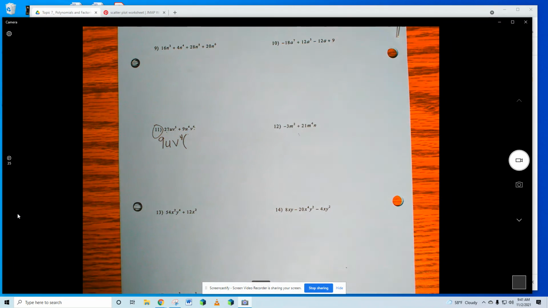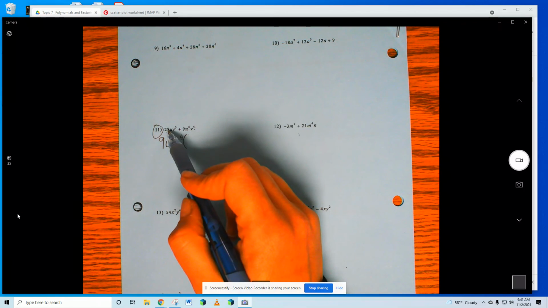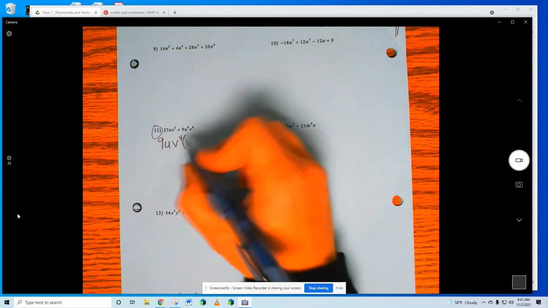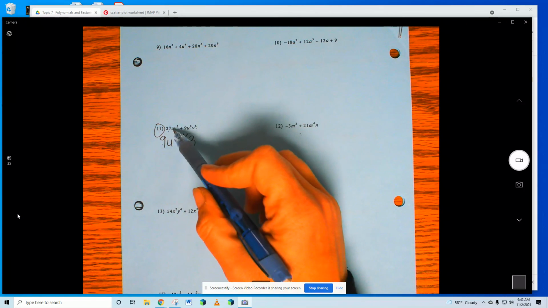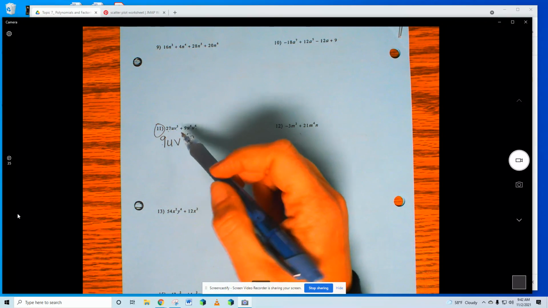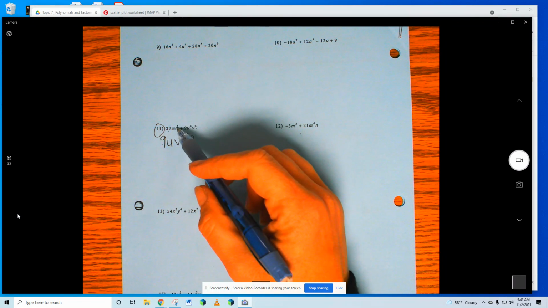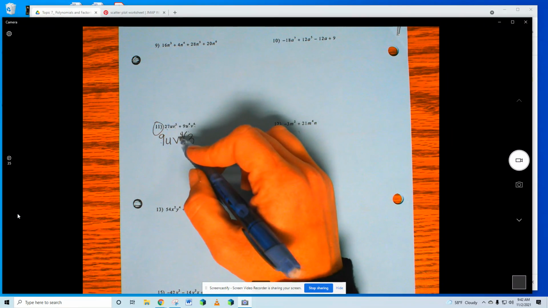Now I'm dividing out slowly. 27 divided by 9 is 3. U divided by u is 1, but don't put a 1. V to the fifth and v to the fourth: divide out v to the fourth.